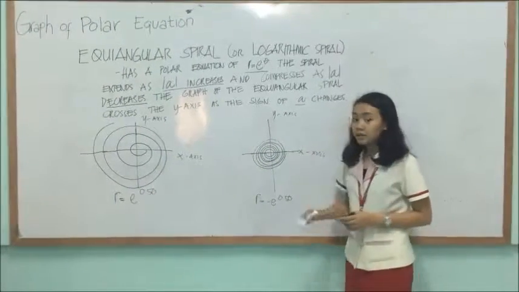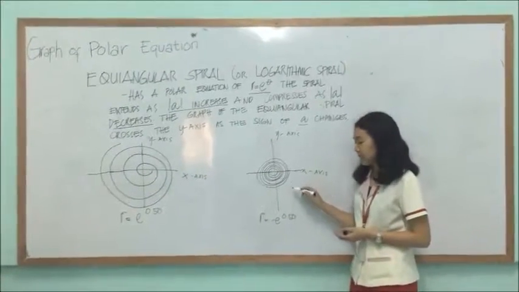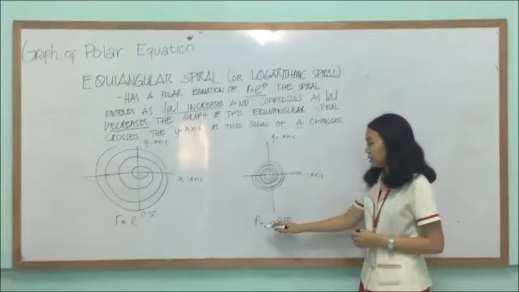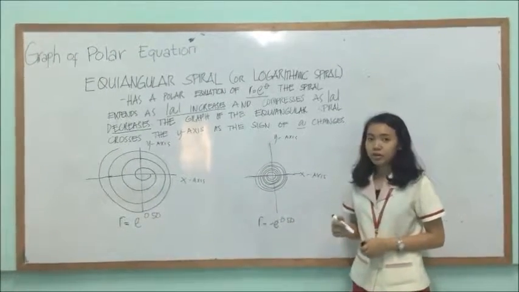As you can see, this graph is compressing because a decreases. And the formula used is r equals e to the power of negative 0.50 theta.